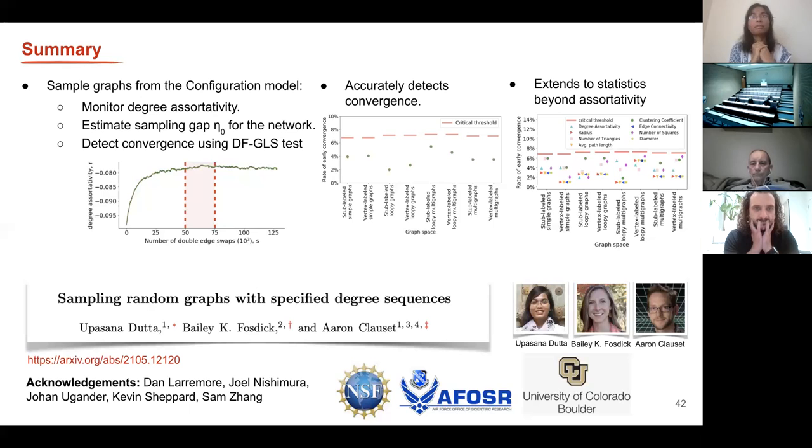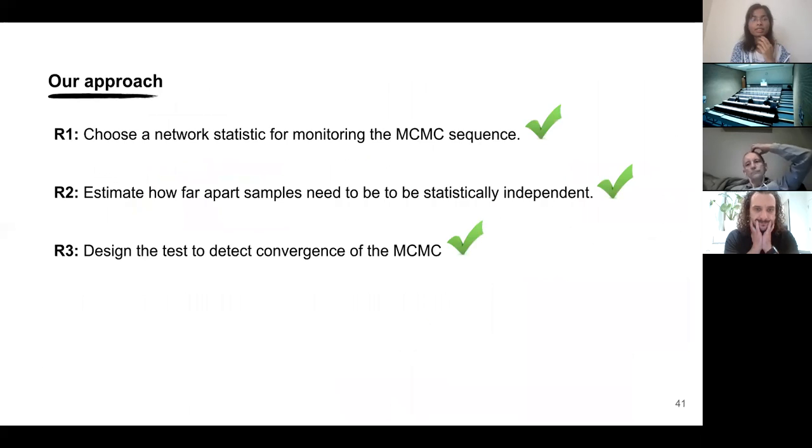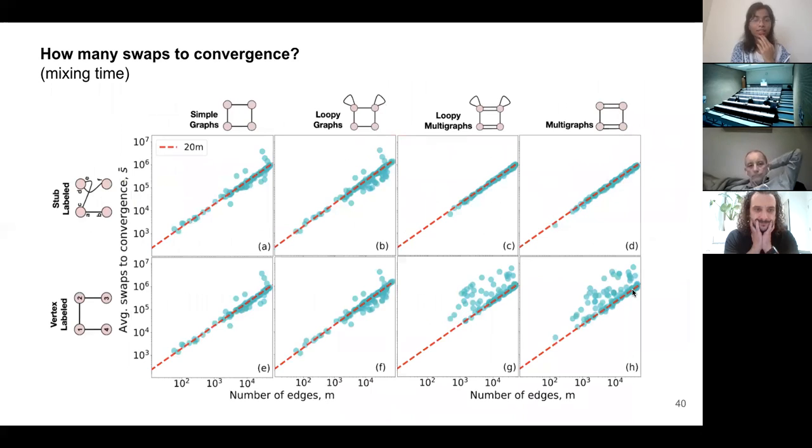Yes, so if you look at this plot, the average time to detect convergence is around 20 M for these networks. First we need to detect convergence, and from there onwards we need to sample graphs at a spacing that is eta swaps apart. So it is going to be a function of M. The bigger the network, the bigger the M, so the bigger the time to sample from this Markov chain.